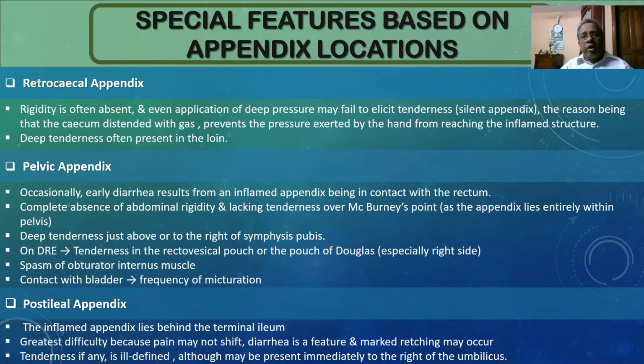If your concept is clear, you can easily diagnose appendicitis in early presentations, even though the location is not the typical one. So for that reason, you must memorize atypical presentations. In the retrocecal appendix, rigidity is often absent, and even application of deep pressure may fail to elicit tenderness.